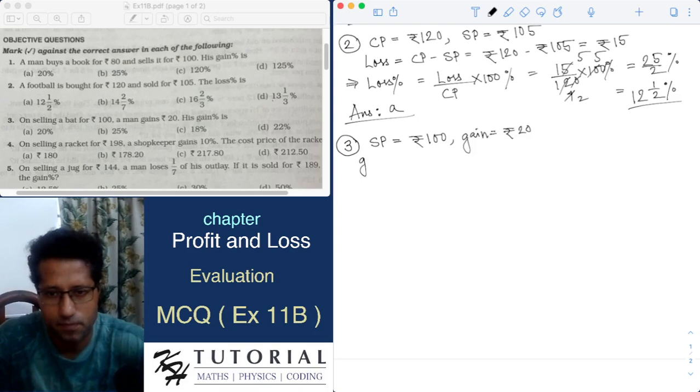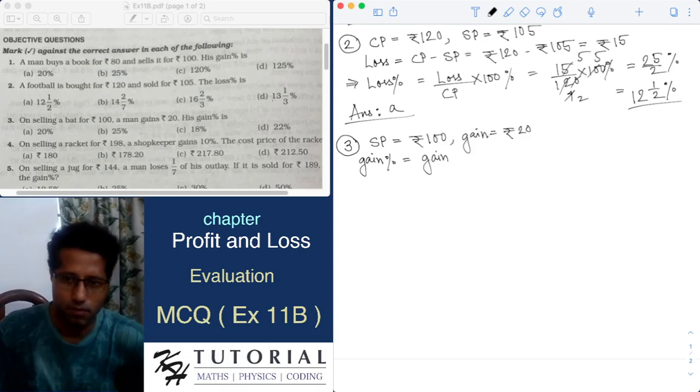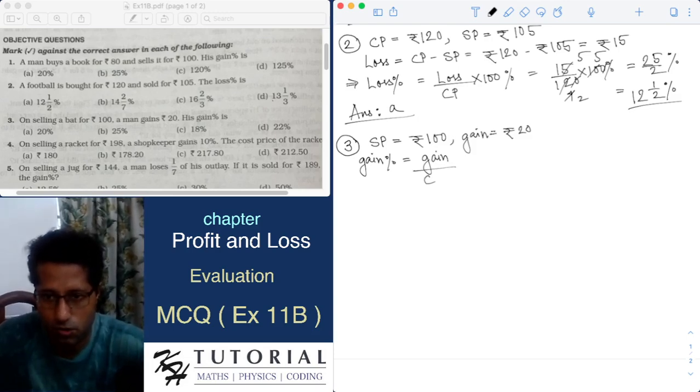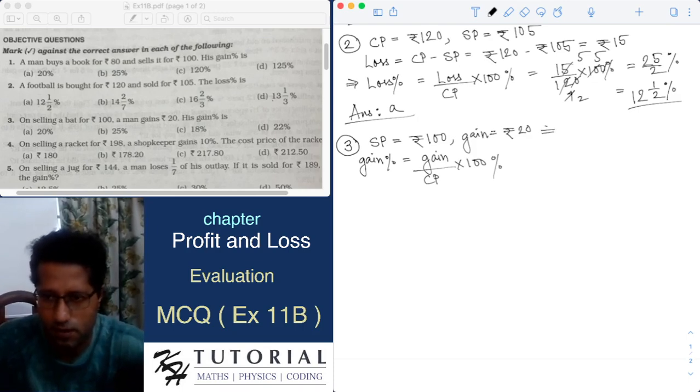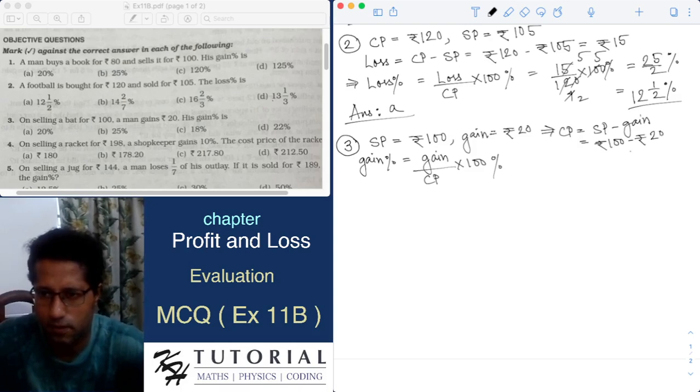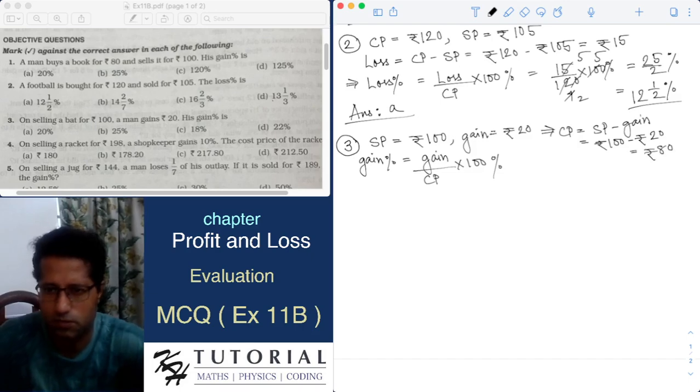The question is asking gain percent, but remember gain percent is always computed based on cost price. So we have to first calculate the cost price. Selling price is 100, gain is rupees 20, so cost price will be SP minus gain. This is rupees 100 minus rupees 20, which is rupees 80. So cost price is rupees 80.